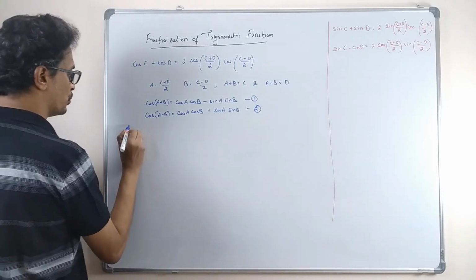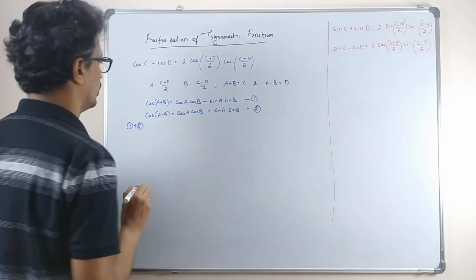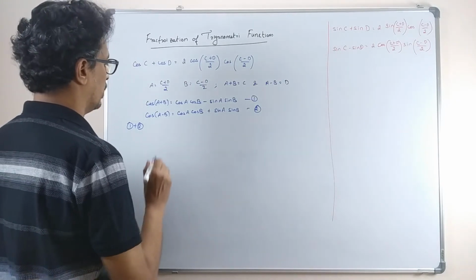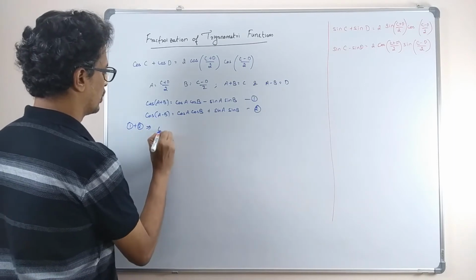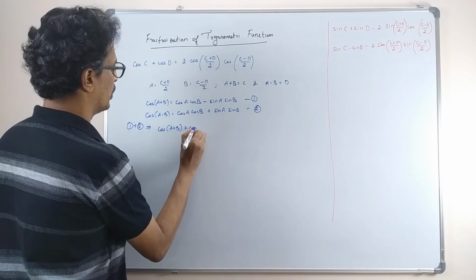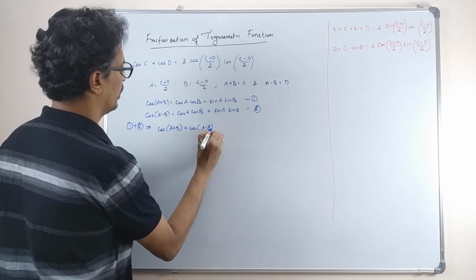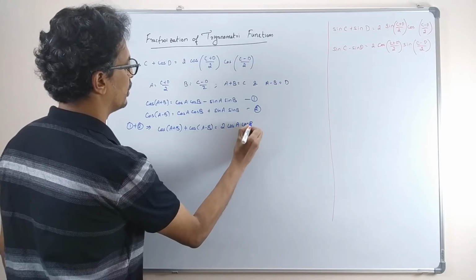What will be 1 plus 2? 2 cos A cos B. So cos(A plus B) plus cos(A minus B) is equal to 2 cos A cos B.